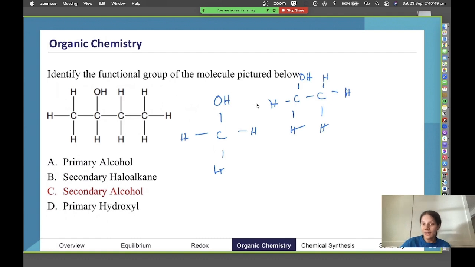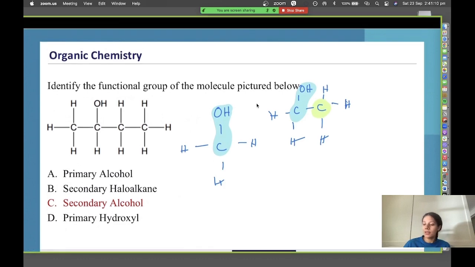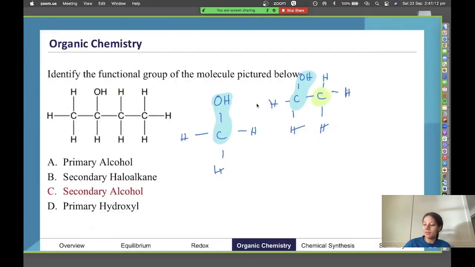The one on the right is our classic primary alcohol, because we have 1 carbon coming off of the carbon the OH is attached to, whereas the one on the left, it's still also a primary alcohol. It's just a special case because it's technically got nothing attached to that carbon, but we still classify it as primary. So just wanted to clear that up while we're here.